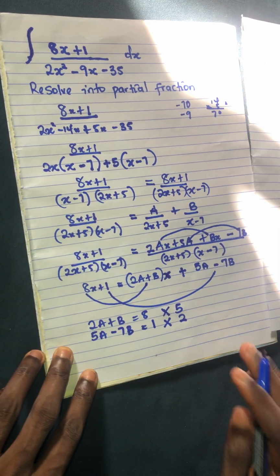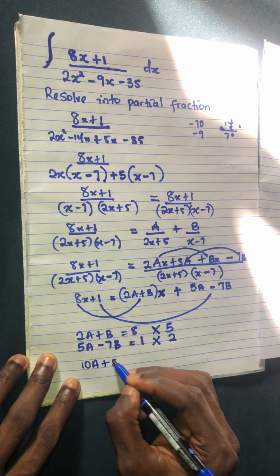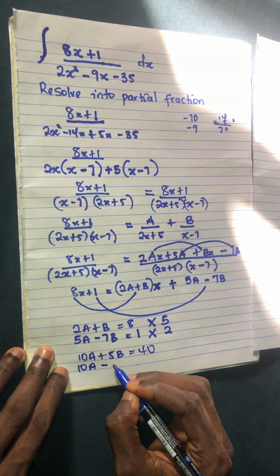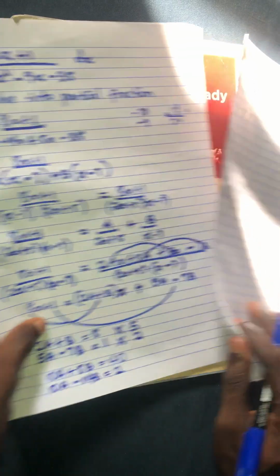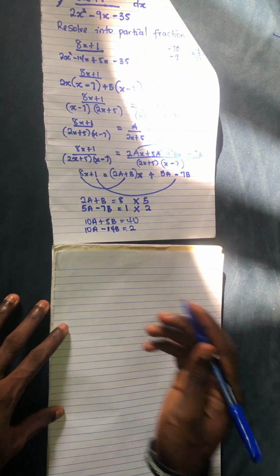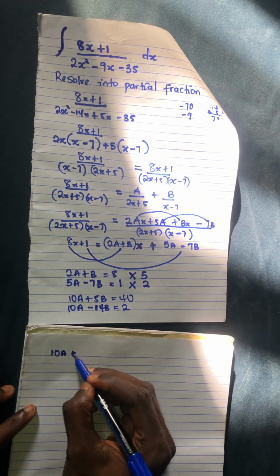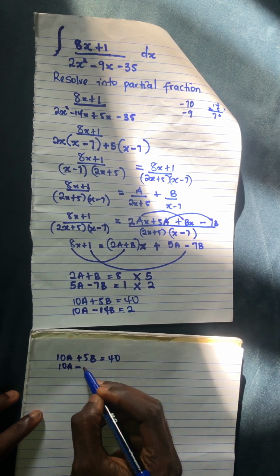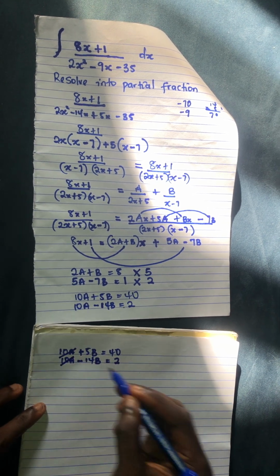So 2a times 5 will be 10a plus 5b equals 40, and 10a minus 14b equals 2. I'm going to rewrite the same thing again before we proceed: 10a plus 5b equals 40, 10a minus 14b equals 2. With that, the a's will cancel.